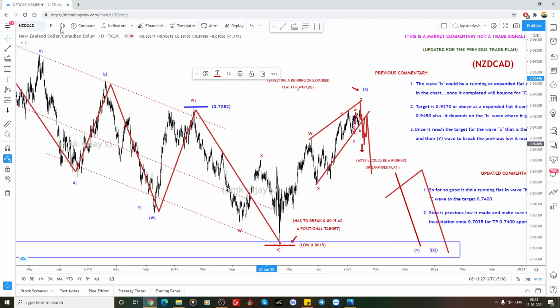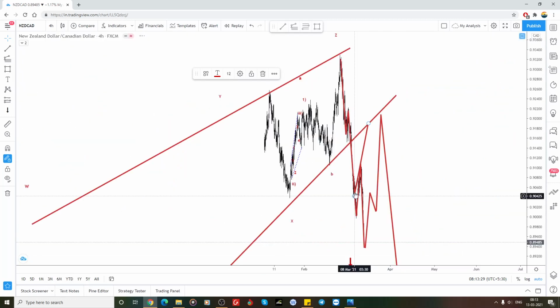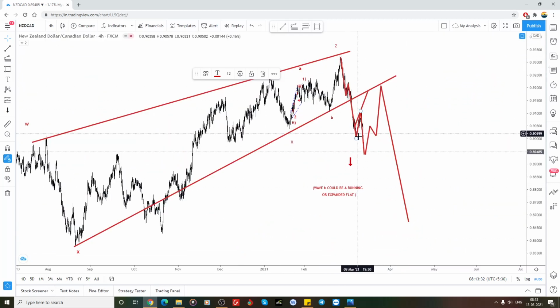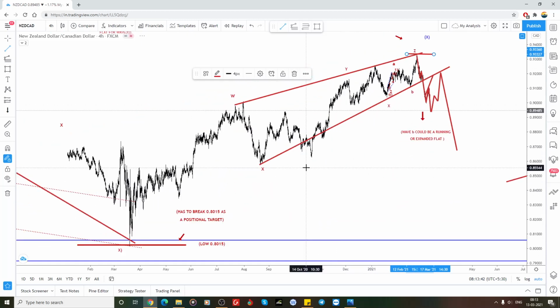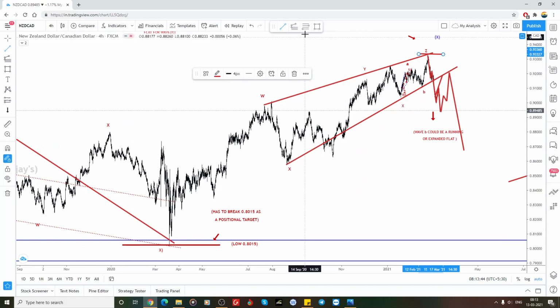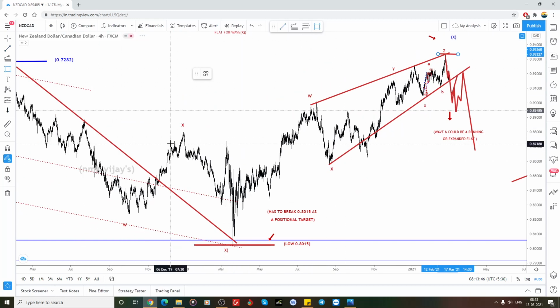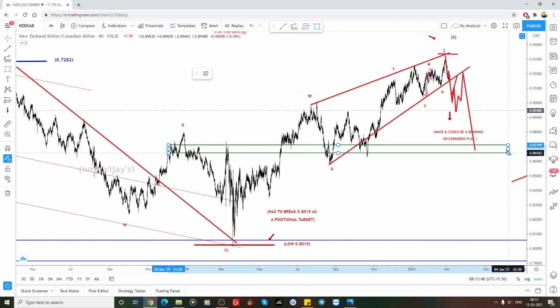So once the 5-wave structure is over, and once the 3-wave structure has ended, we need to strictly place the stop loss here and trade for the target in this zone.